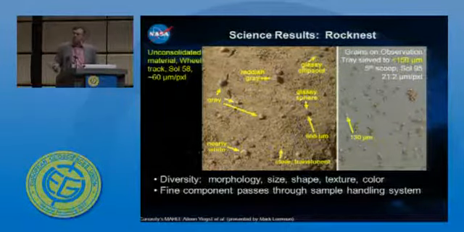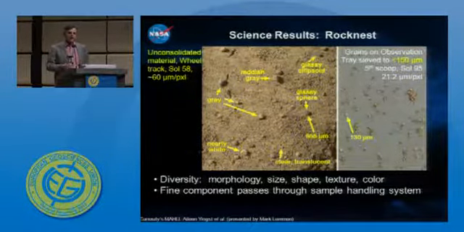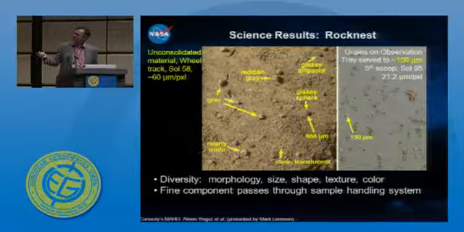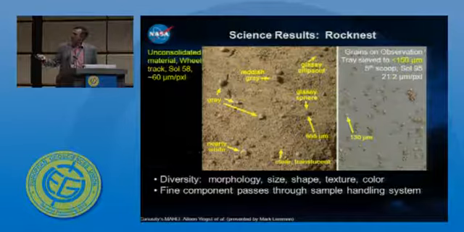The soil imaging was prominent in this time period because of the investigation of the Rocknest sand shadow. So you see here a look into the wheel track itself, unconsolidated material, mostly dominated by sand that is dust coated.